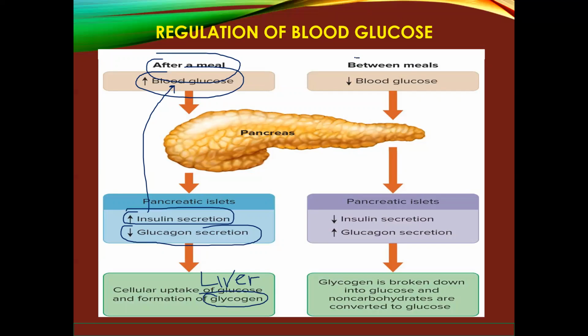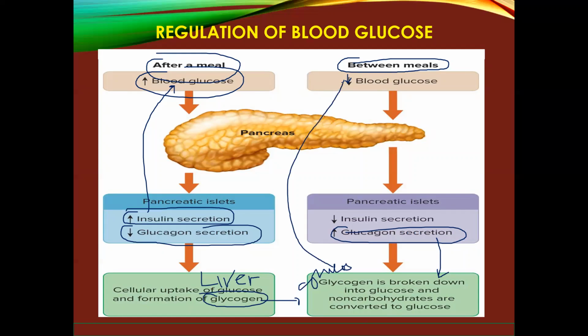Now what happens between meals? We don't eat, so the glucose level will decrease. Then our pancreas will produce more glucagon, because this is the one that will go to the liver cell. In the liver cell, it will break down the glycogen into glucose, and this glucose then will be released into the blood to increase the level. So this is the logical action between insulin and glucagon.